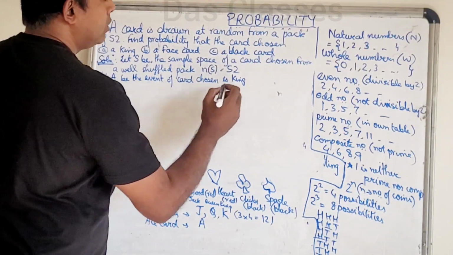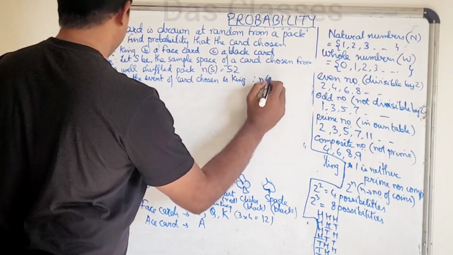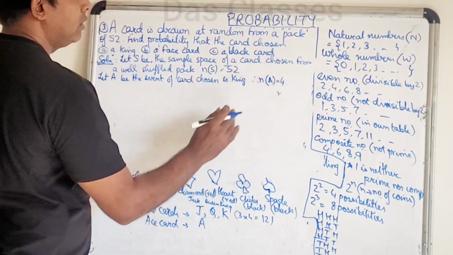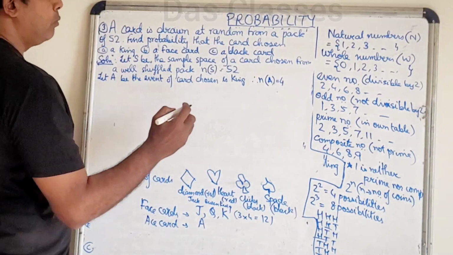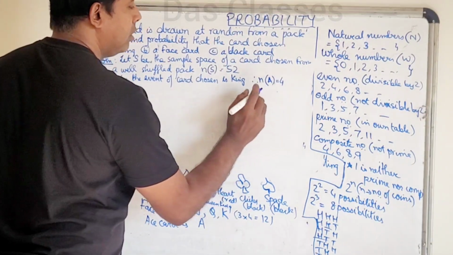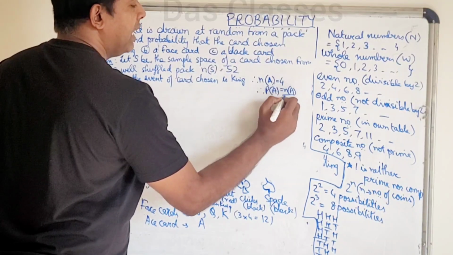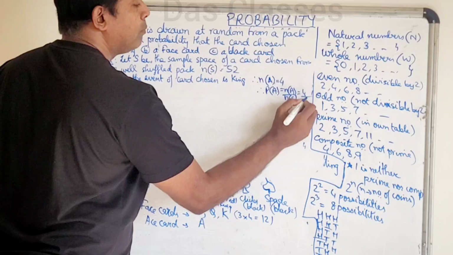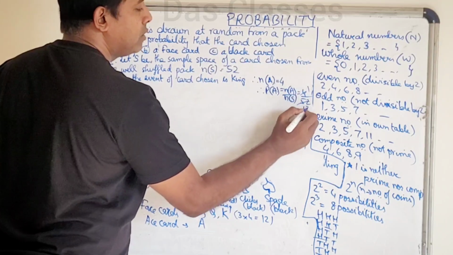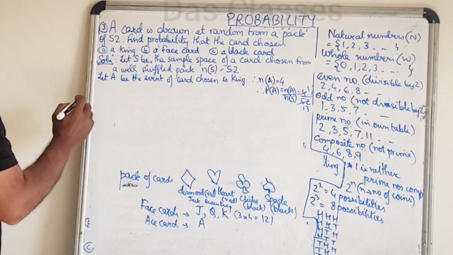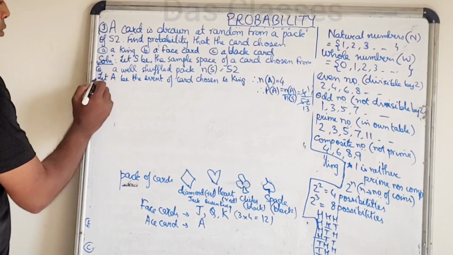So let A be the event, so how many? You don't have to draw them, you can directly write Na is equal to 4. Therefore the probability would be Na upon Ns, that is 4 upon 52, that is 1 upon 13. So the probability would be 1 upon 13. So that's the first question.